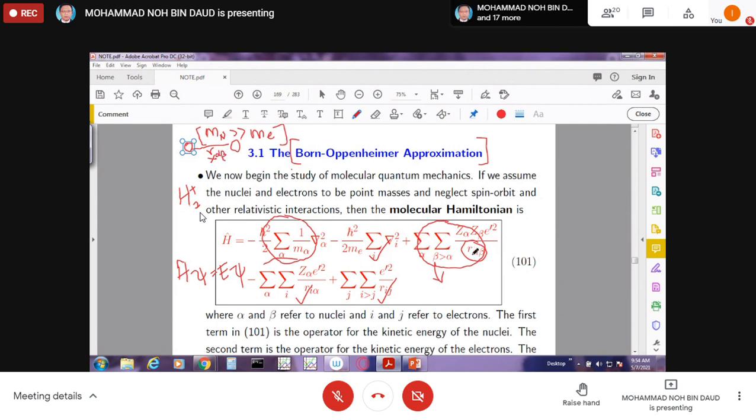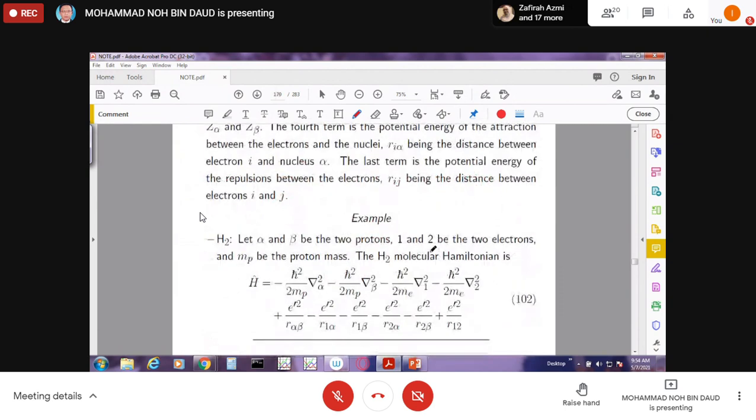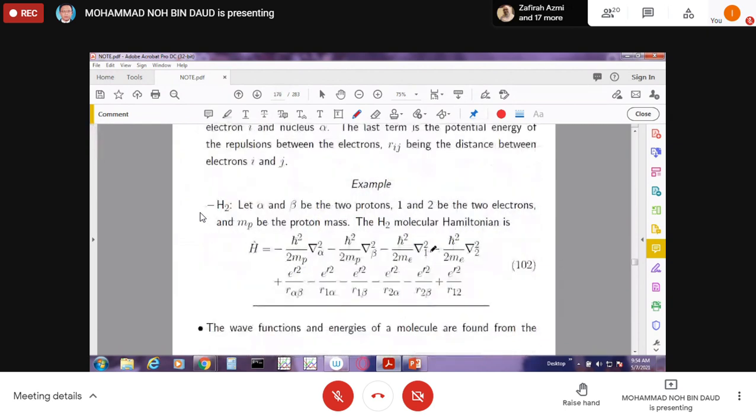Every time we fix R alpha beta, you can take this out. So you only consider the kinetic energy of the electrons, the interaction between electrons and nuclei, and the interaction between electrons, by fixing the nuclear configuration. This is the idea of the Born-Oppenheimer approximation.